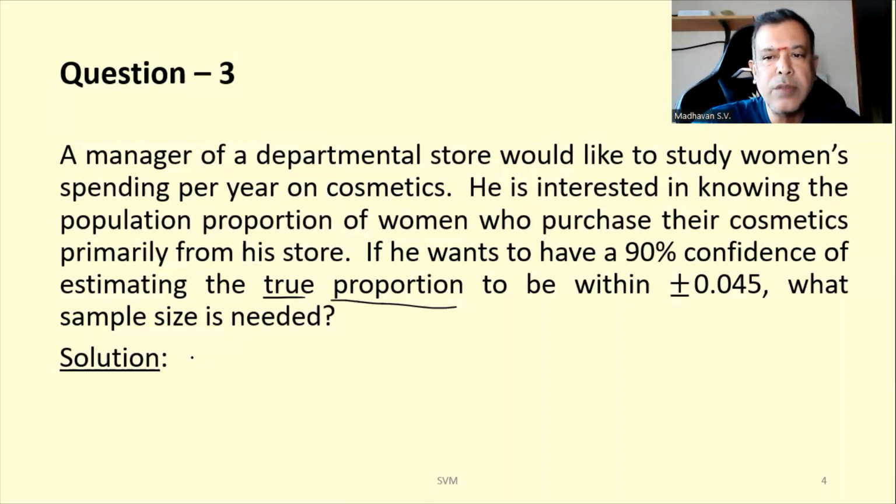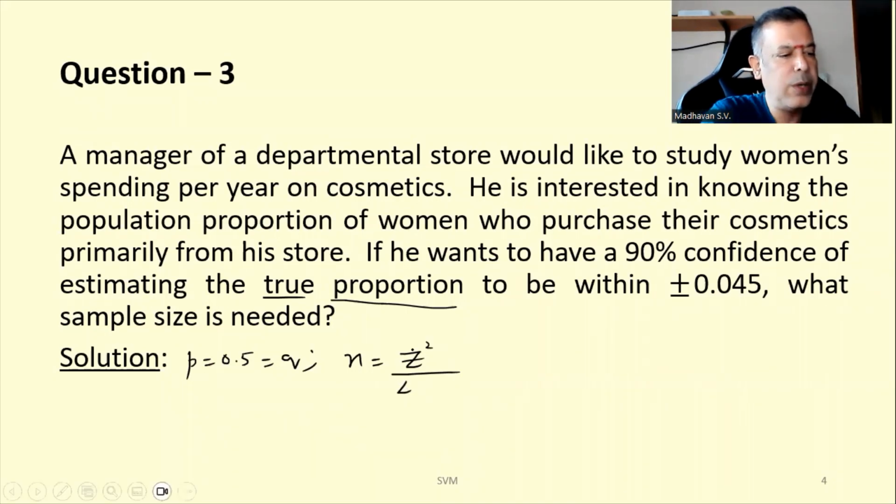So we'll consider both of them as 50%, means p is 0.5 and q is also 0.5. We are going to consider that, which means our n value will be Z square multiplied by p into q, divided by E square.